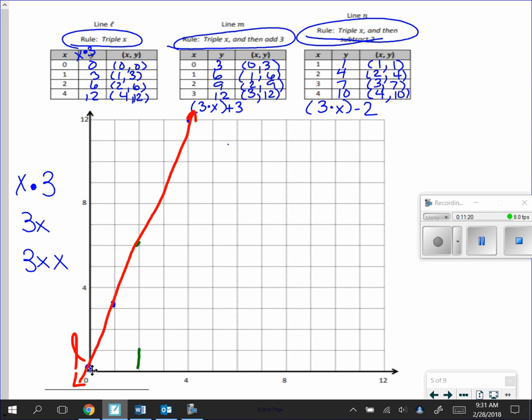Okay. The first point of line M, Faith. Okay, Alora, second point. Third point, Jocelyn.